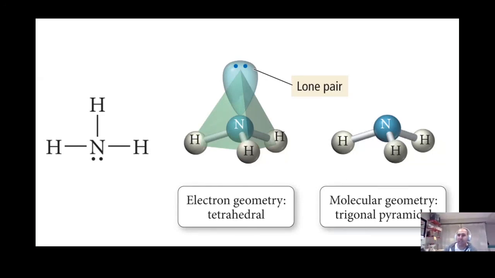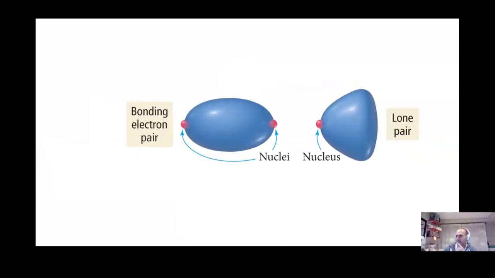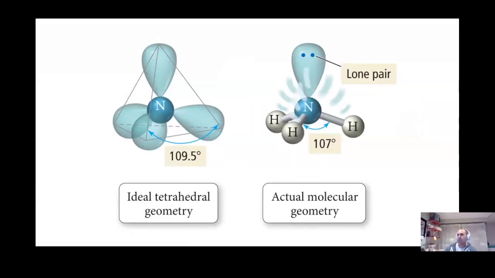Trigonal pyramidal is a derivative of tetrahedral, right? And what happens to the bond angle is that all the hydrogen atoms kind of get squished together. In a perfect tetrahedron, the bond angle is 109.5. In the actual geometry of ammonia, the bond angle is 107.